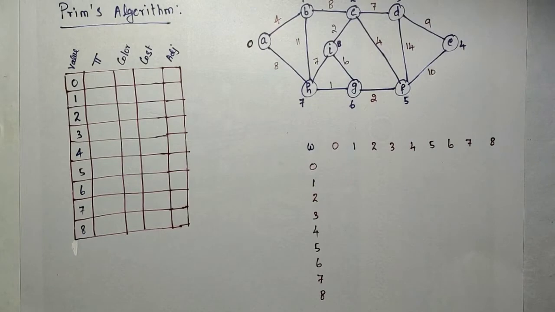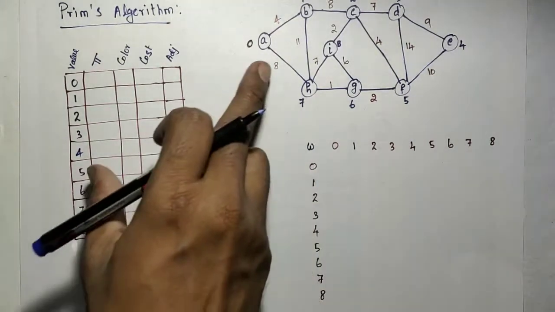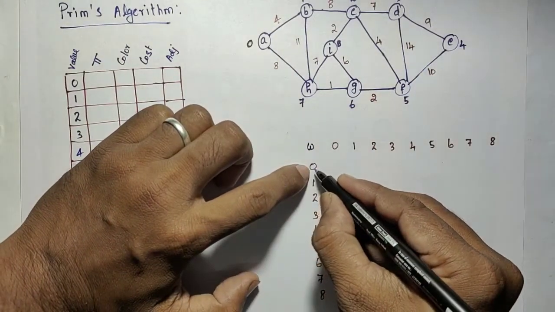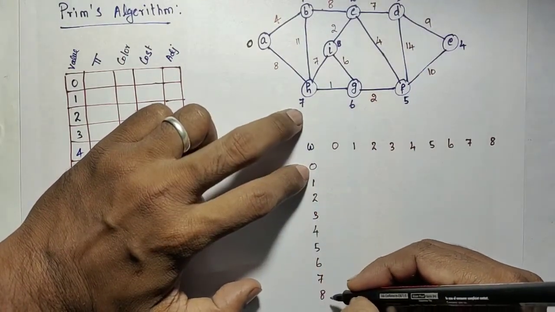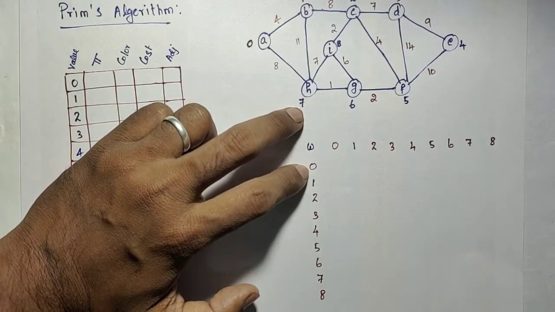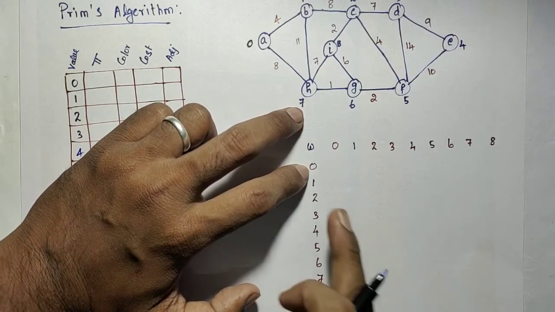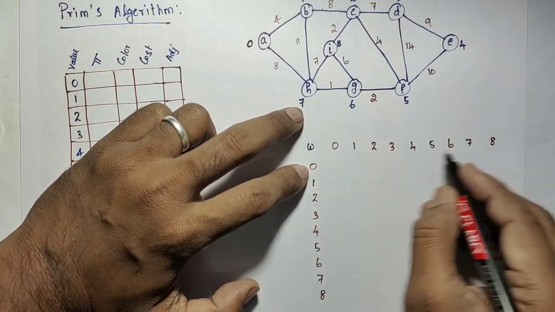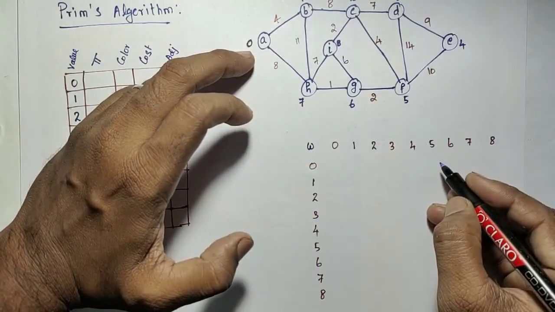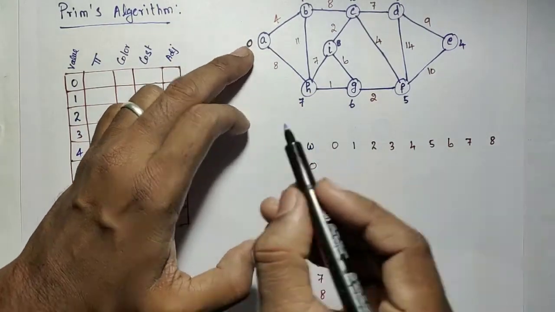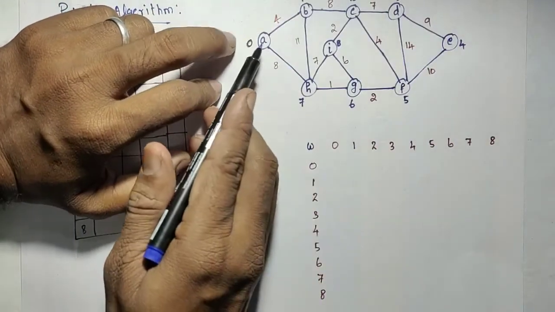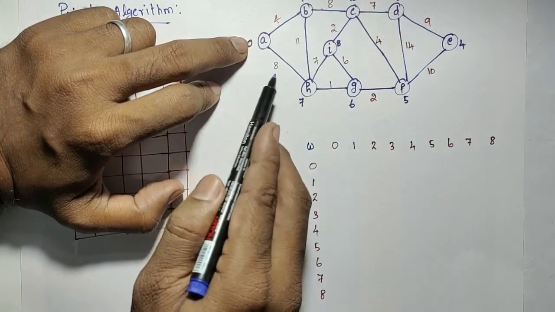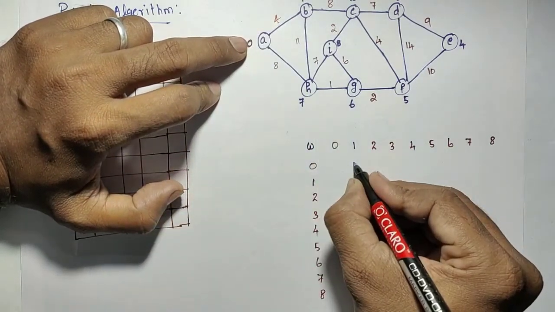The value in that matrix depends on the cost of the edge. 0 to 8 is the index or value of the vertices. So 0 to 0, 0 to 1, 0 to 2, like that up to 0 to 8, what is the cost? For example, to fill it easily, 0 to 1 is 4 and 0 to 7 is 8.